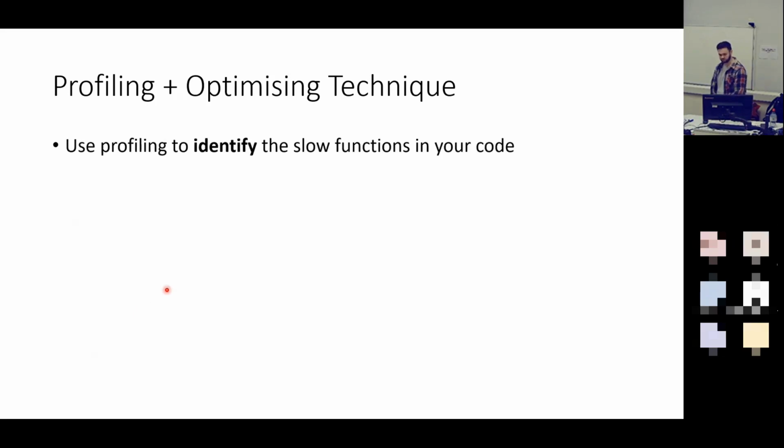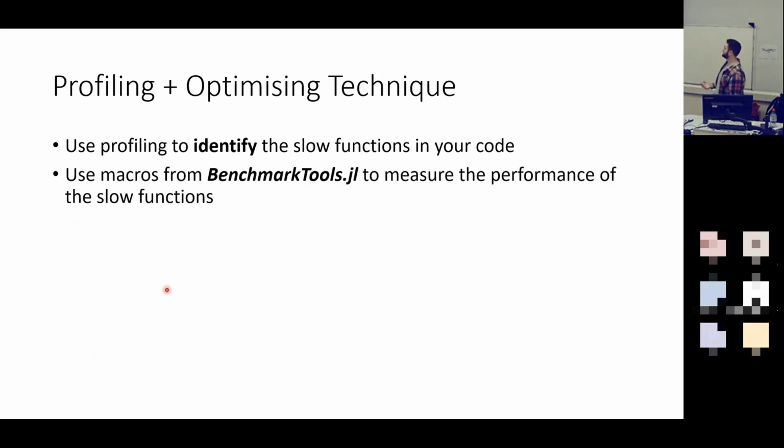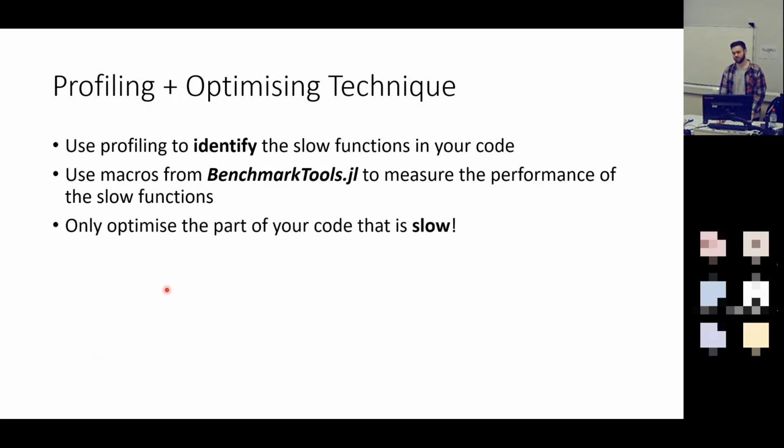Okay, so the technique to put them all together is you use this sort of profiling. If you have a big code base and you don't know which functions are actually slow, you can identify which ones are slow, and then you drill down and use the benchmarking tools to understand the performance of the slow functions.